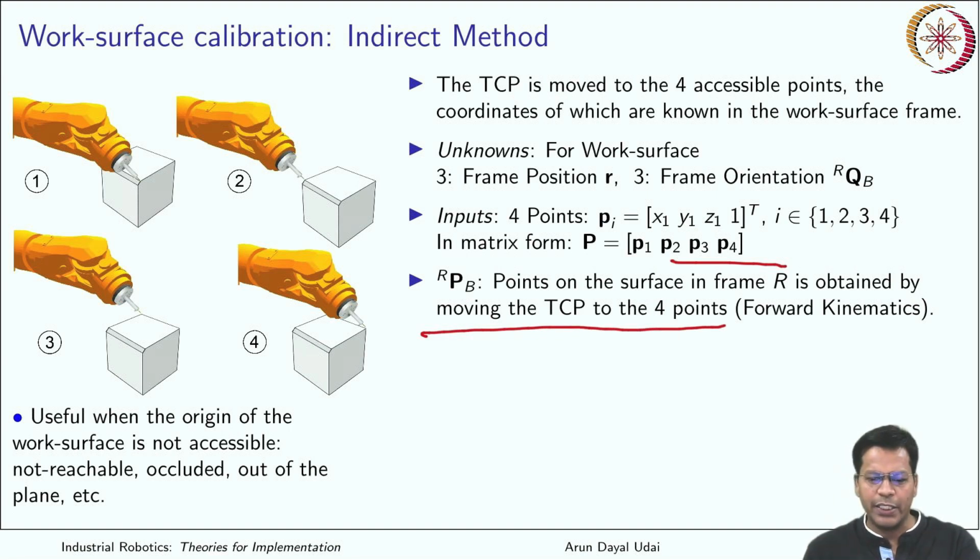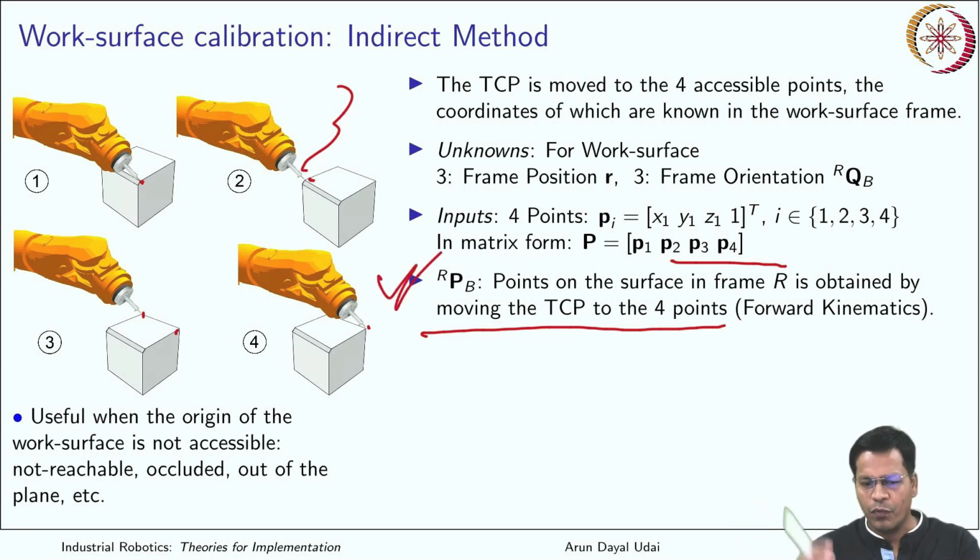So now what you did, you simply took your TCP to those known locations. Okay. In 4 steps, you have taken your robot to all those locations. Because the robot already had a pre-calibrated tool, you quickly obtained those locations in the robot's frame.